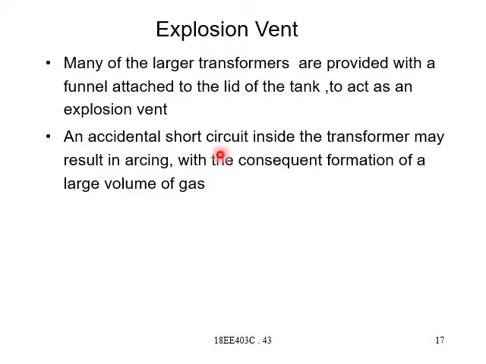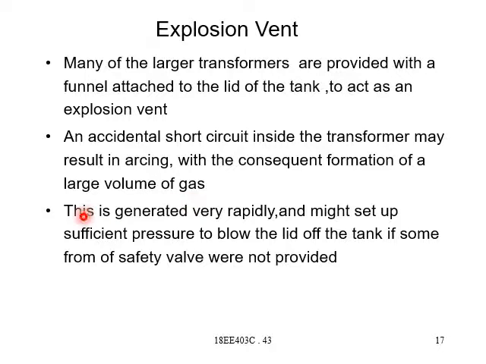An accidental short circuit inside the transformer may result in arcing, obviously, with the consequent formation of a large volume of gas. This is generated very rapidly and might set up sufficient pressure to blow the liquid out of the tank if some form of safety valve were not provided.